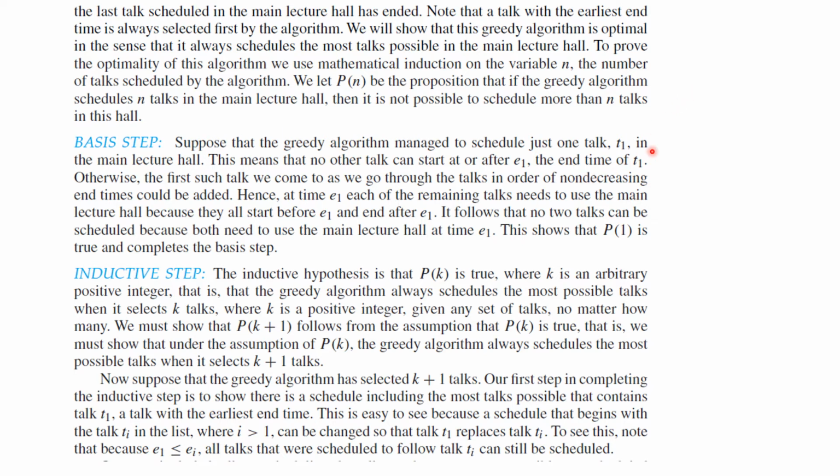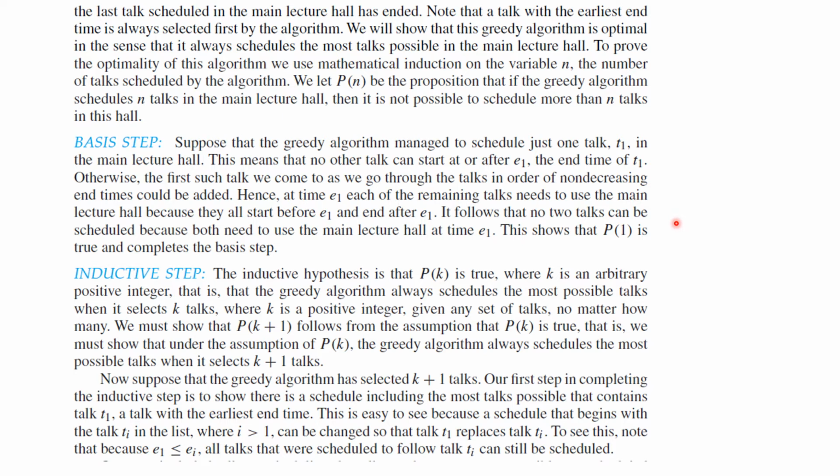Okay, so here's our basis step. Suppose that the greedy algorithm managed to schedule just one talk, T sub 1, in the main lecture hall. That means that no other talk can start after E1, since otherwise the algorithm would have selected the first such talk as it goes through the talks in order of non-decreasing end time. Hence, at time E1, each of the remaining talks needs to use the main hall because they all start before E1 and end after E1.